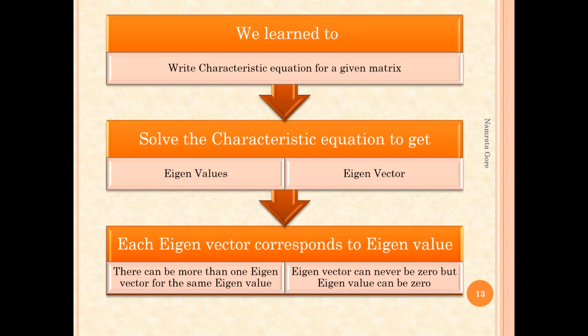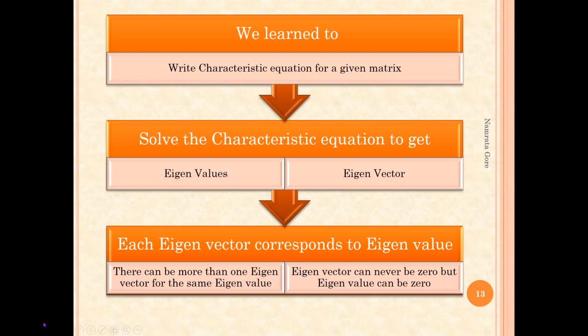In this video we learned to write the characteristic equation for a given matrix, that is determinant of A minus lambda I equal to 0, solve that characteristic equation, and using the identity matrix of the same order as the given matrix, find eigenvalues and corresponding eigenvectors.